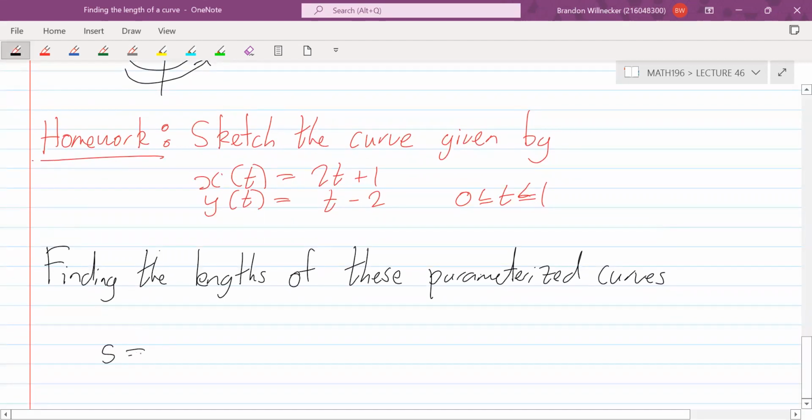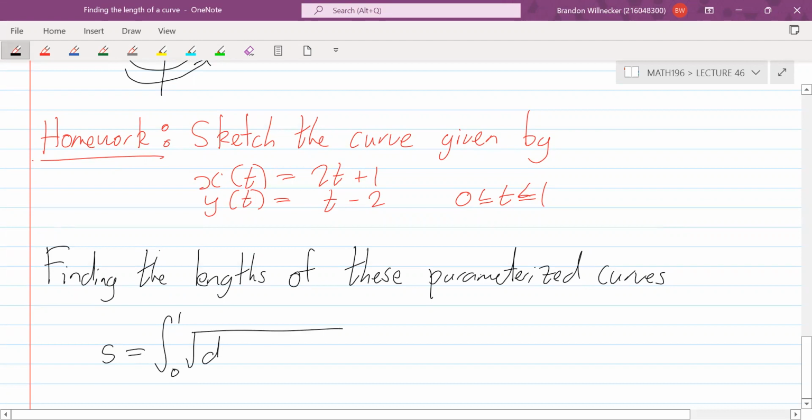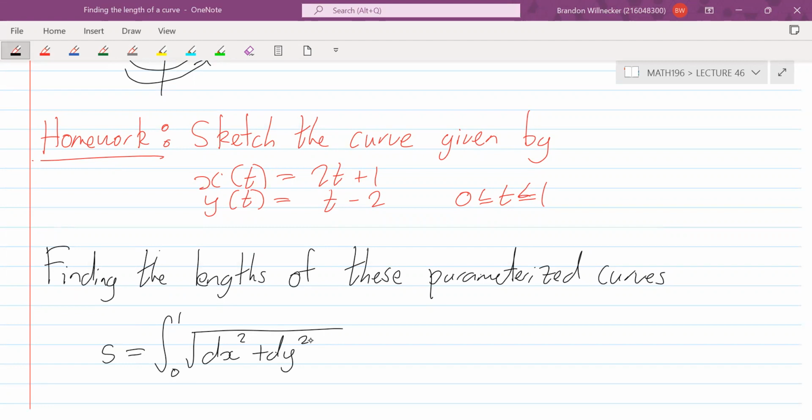So the total length will be the integral. Now in this case, we're integrating over t. So t goes from 0 to 1. And then we had the square root of dx squared plus dy squared. Remember, that was our ds that we had earlier.